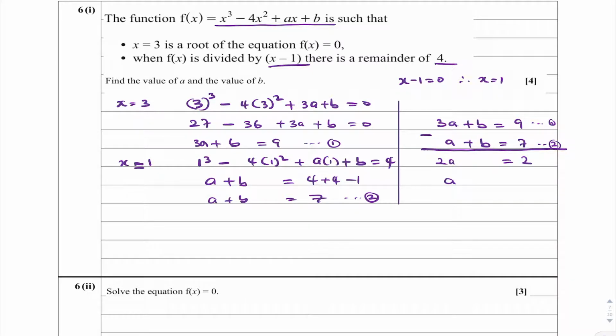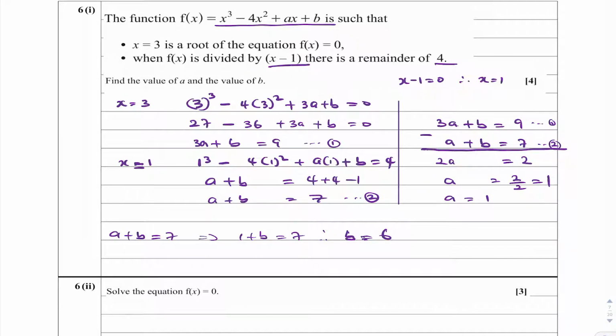Therefore, a equals 2 over 2 equals 1. a is 1. From equation 2, we know that a plus b equals 7. When a is 1, I get 1 plus b equals 7. Therefore, b equals 6.